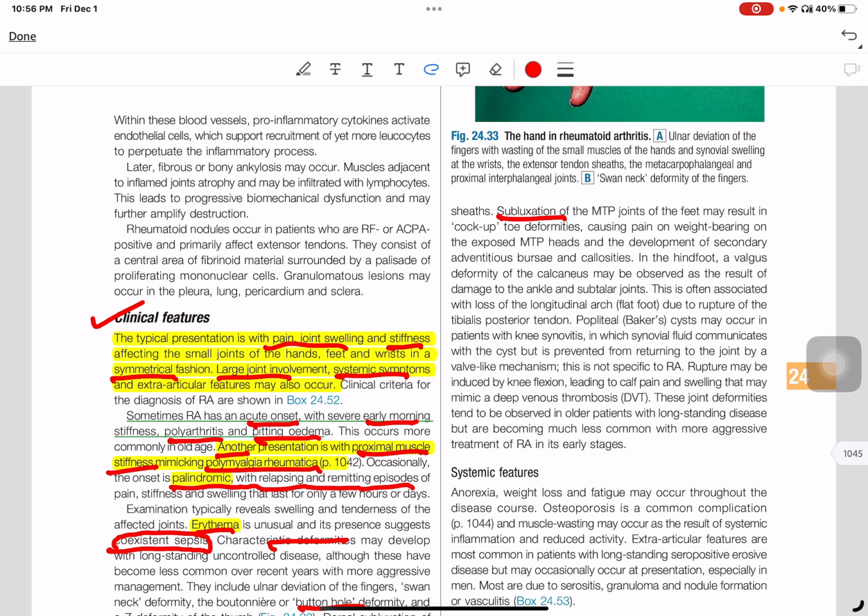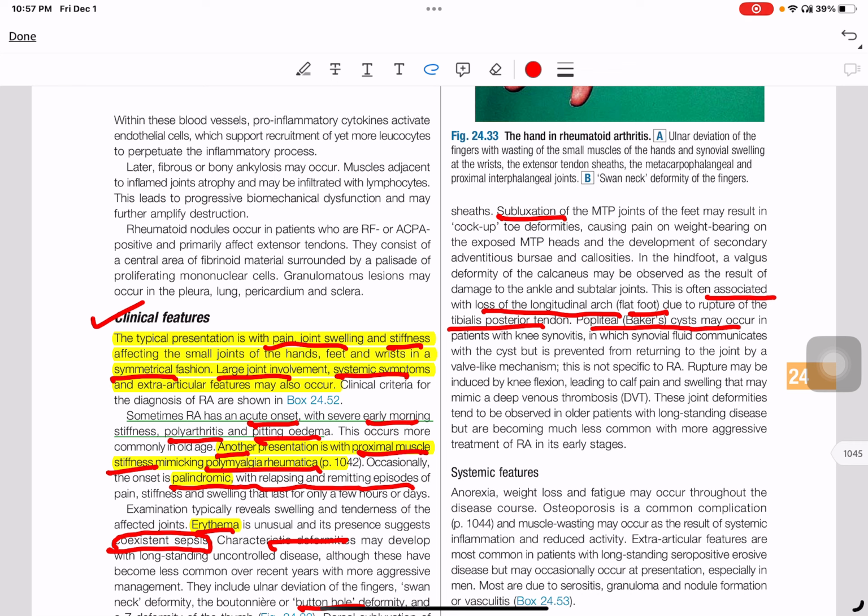So there are many types of subluxation. Joint dislocations are present, so ultimately that gives rise to joint deformity. There may be an association with loss of longitudinal arch, flat foot, and rupture of the posterior tibialis tendon.